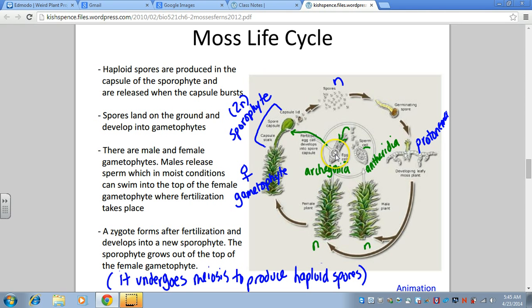So as soon as it forms the zygote, okay, the egg and the sperm chromosomes have come together, so the zygote is diploid. And then it'll undergo mitosis to form the embryo, and it'll grow into the bigger sporophyte out of the top of the female gametophyte. And then it'll continue and happen again. So that is the life cycle.